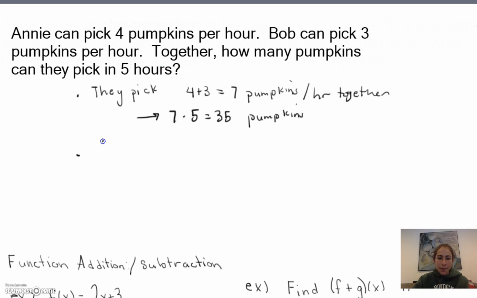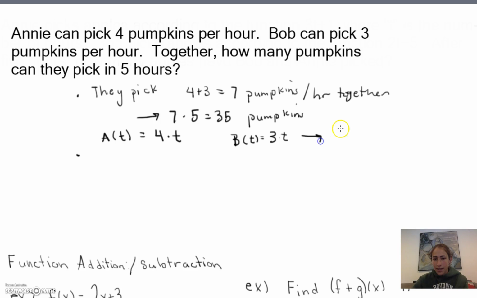So a way you could think about this is that Annie's function is that she picks 4 pumpkins per hour, where t is measured in hours. And Bob picks 3 pumpkins per hour. So 3 times t is the number of pumpkins he's picked in t hours.